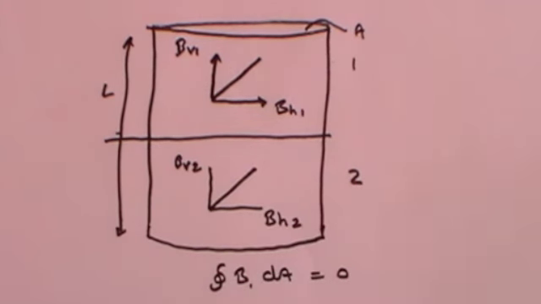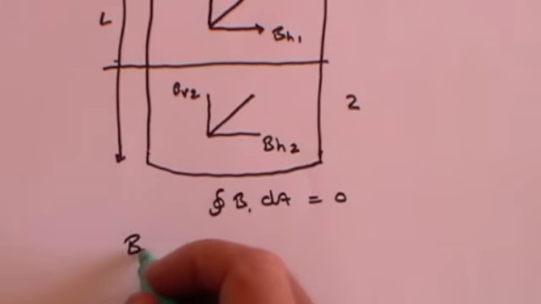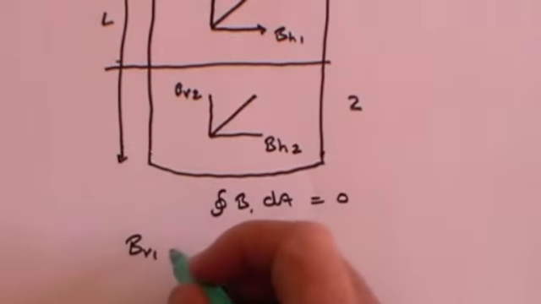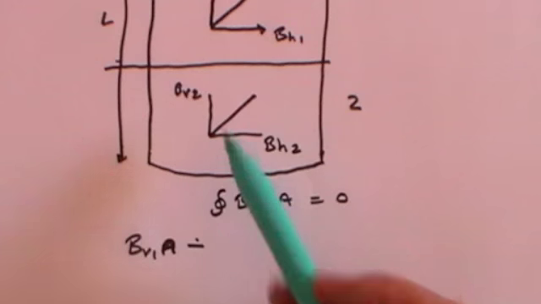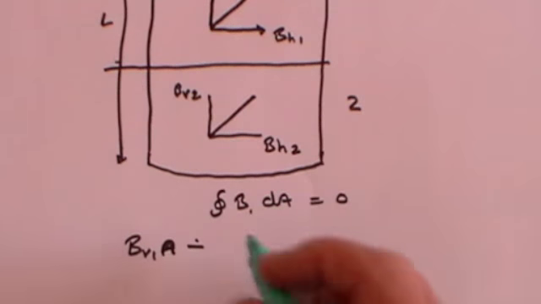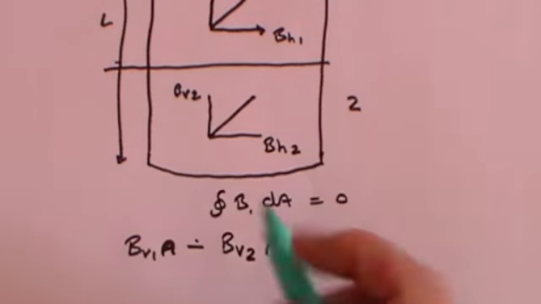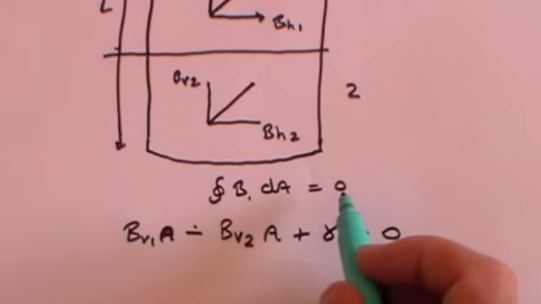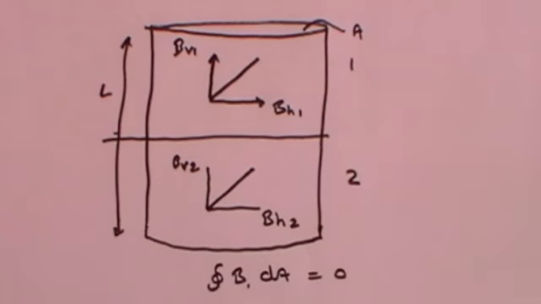So our integral becomes essentially a summation term of BV1, in other words our vertical vector here going out through the area at the top, minus, because this is now coming in rather than going out, BV2 times the area at the bottom, plus the famous gamma term, which is everything that's going out at the sides. And that we know equals 0 because that's what Maxwell's equation tells us. Well, now we're going to do exactly the same trick as before.